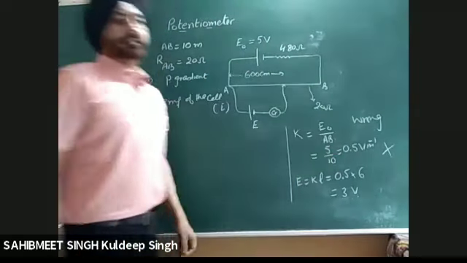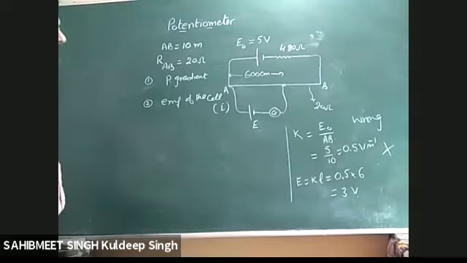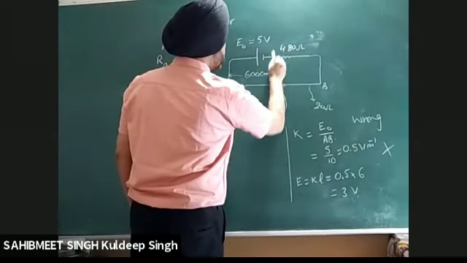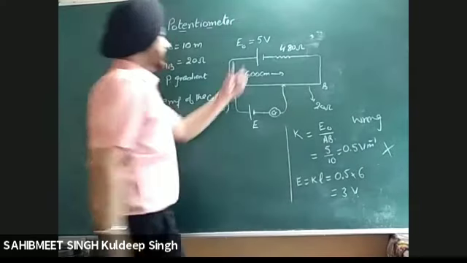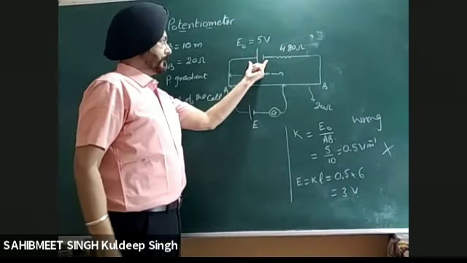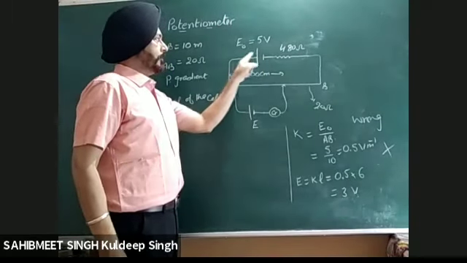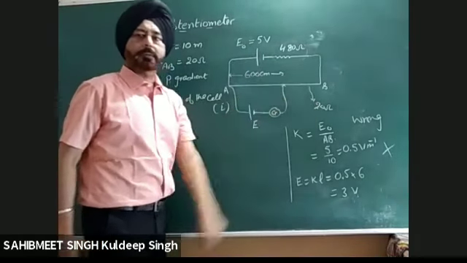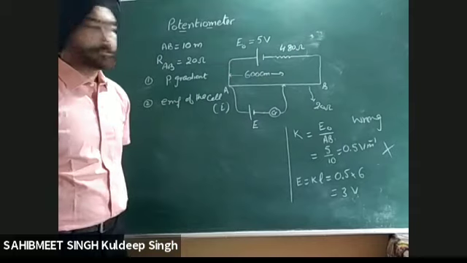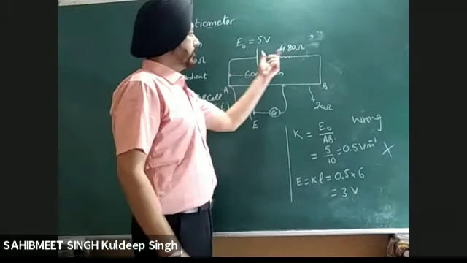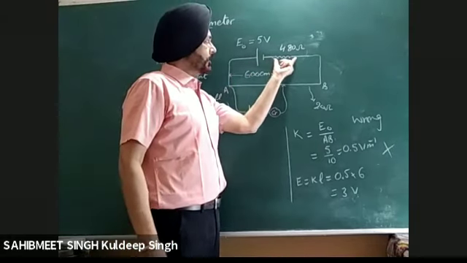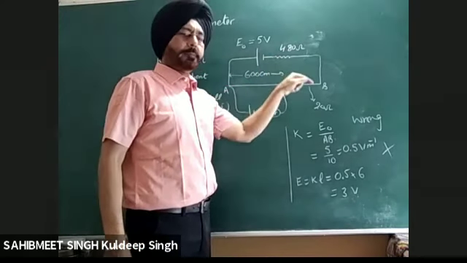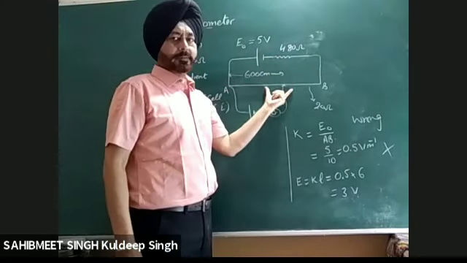Now what is the mistake you did here? The mistake is you have not considered this resistance. Whatever the potential you have applied, 5 volt, it will not be available to the wire. Because some of the potential will be dropped across this resistance, and the rest of the potential will go to the wire.